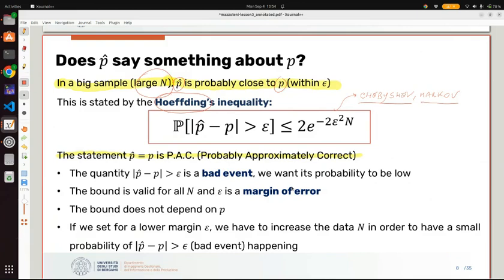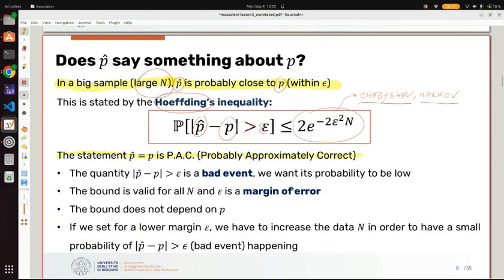And in particular, in this case, we can say that the probability of our estimate, the fraction of red marbles that we picked up in the sample, being far in L1 norm from the probability P, the probability that this distance is greater than epsilon, for every epsilon, is upper bounded by this number.